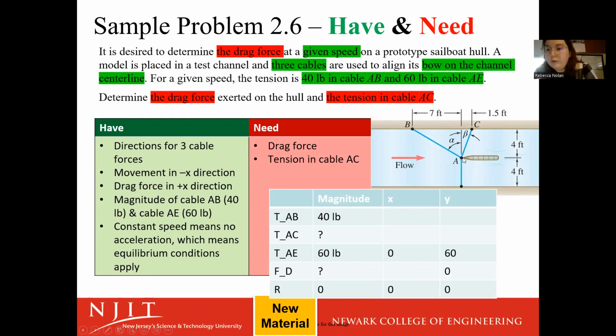We're trying to hold it steady at that point. So not constant speed of 0. Trying to hold it steady at that point. And so our resultant force is 0. So we do have information about our resultant force because we know we're in equilibrium. So we know there is none. So we know that all of our x values and all of our y values should sum to 0, 0.